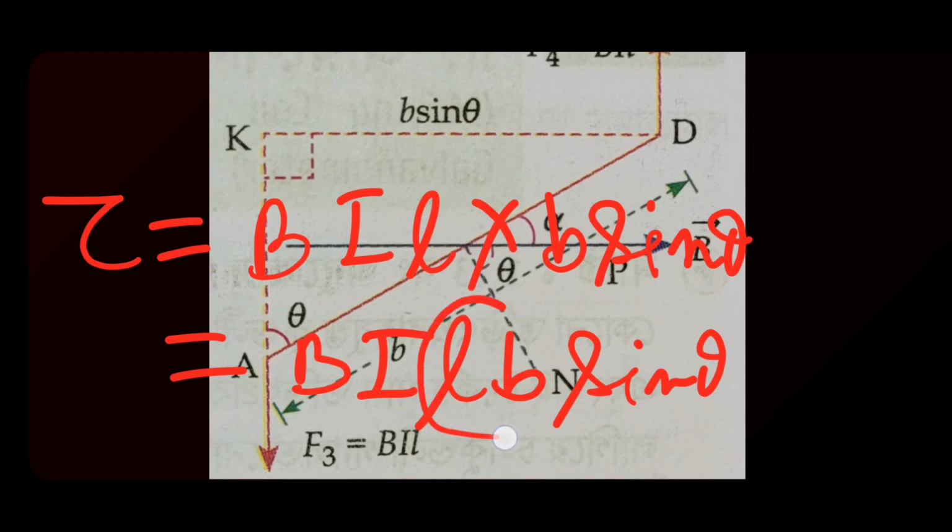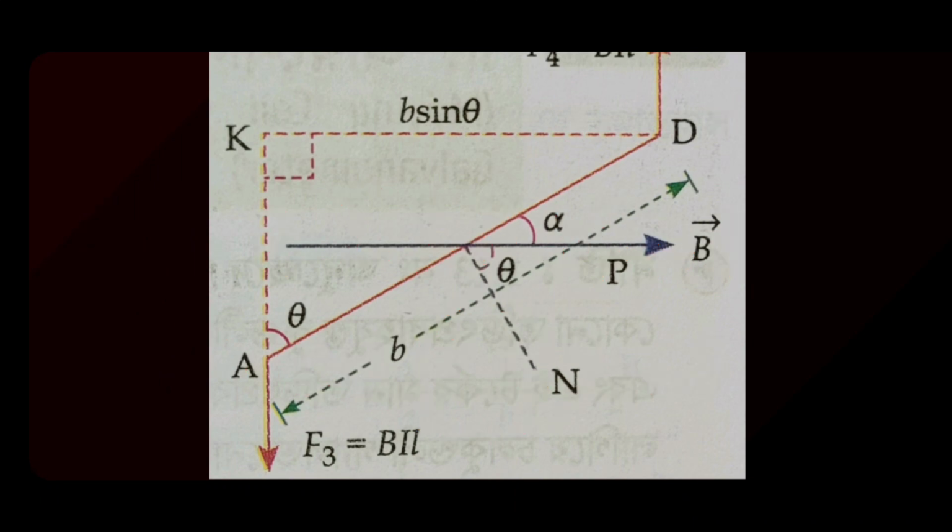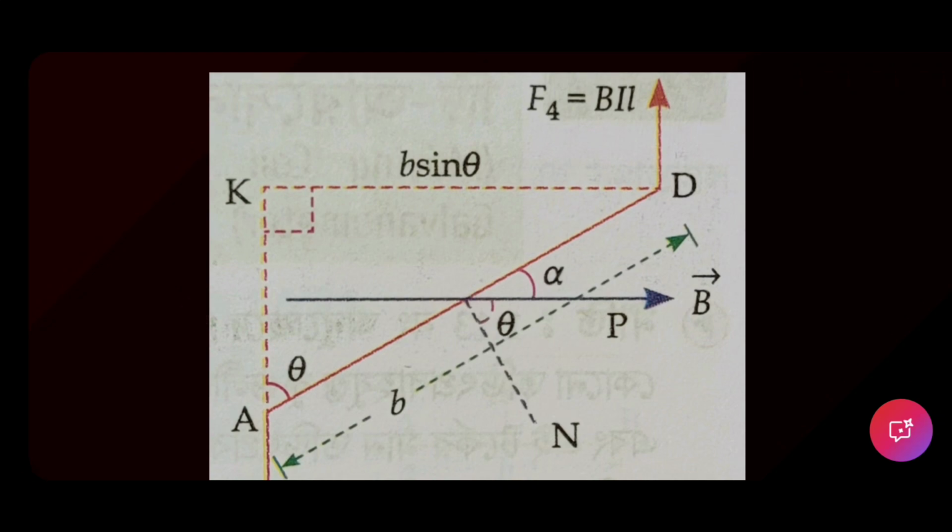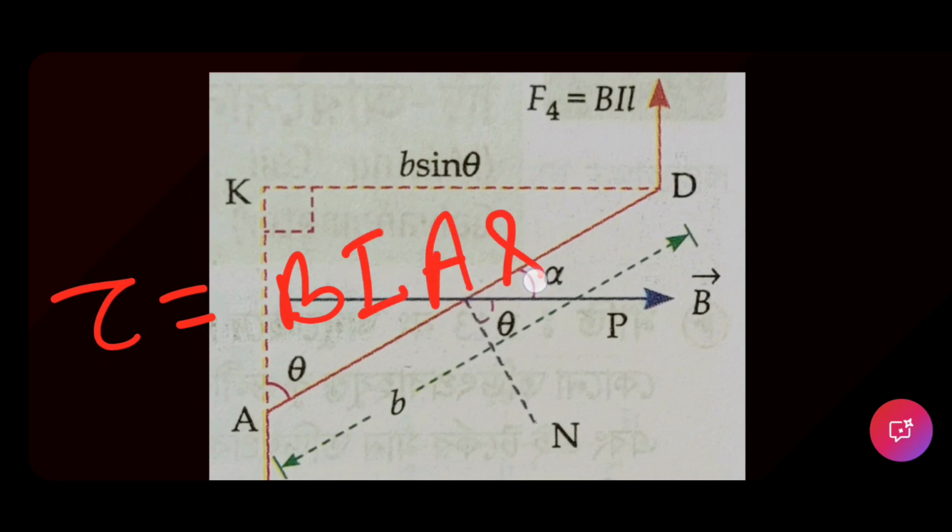Now this L times B is the area. Okay. So we write tau equals B I, L cross B we replace by area A, sin theta.